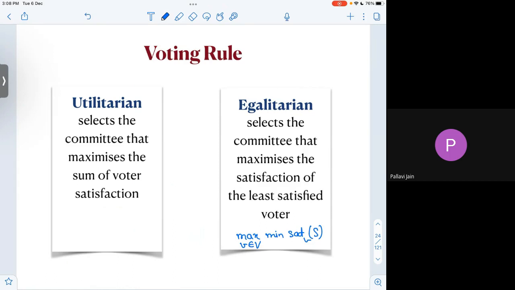In utilitarian, what is happening? The sum is maximized, so it is fine if someone is very happy and someone is unhappy. There we just care about the total satisfaction. But in egalitarian, we care about everybody. Like in here, I care that everybody should understand, not that one person understands everything and someone doesn't understand anything.